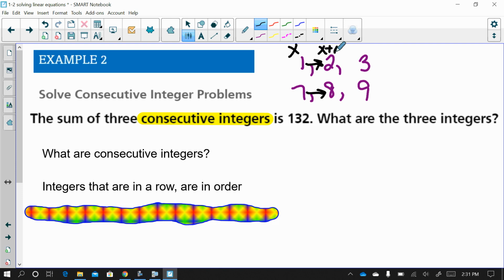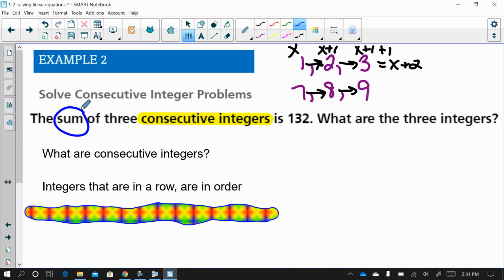Okay, and then I would add 1 again to get to the next number. So I would take this x plus 1 and add another 1. Okay, which really gives us x plus 2. So when I'm talking about consecutive integers, you always start with x, then you go x plus 1, x plus 2, x plus 3, and so on and so forth. Okay, so now let's dissect this problem.